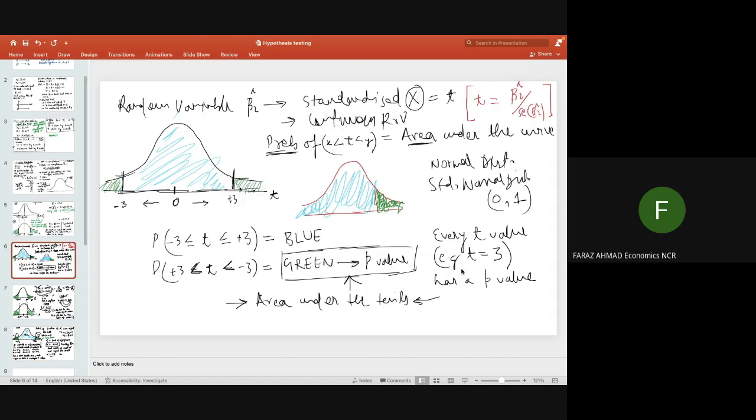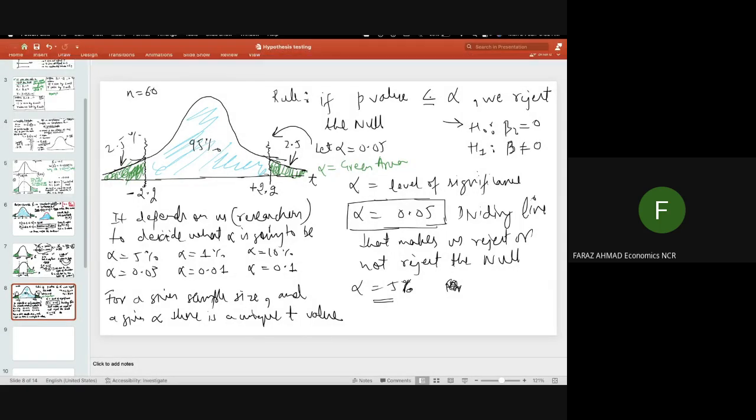So as I said in the last slide, in the t table, for a given n, we can see the area and find the t value, and we can see in the table a t value and find the area, right?